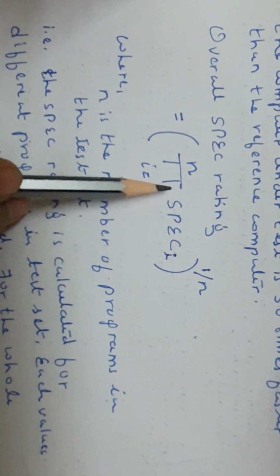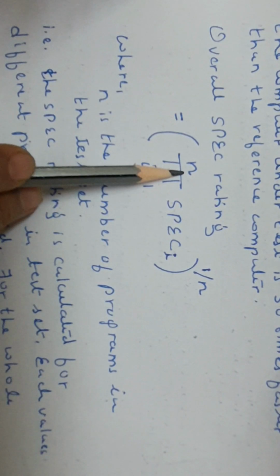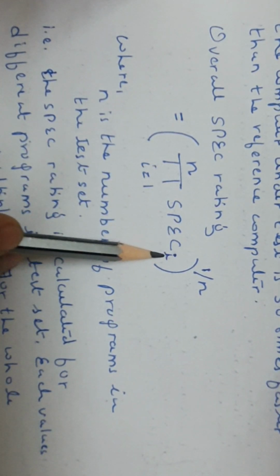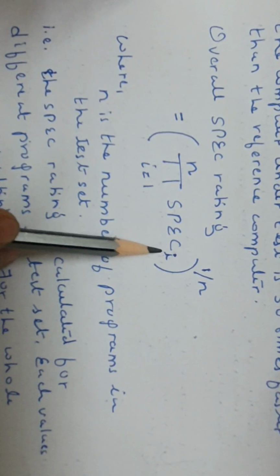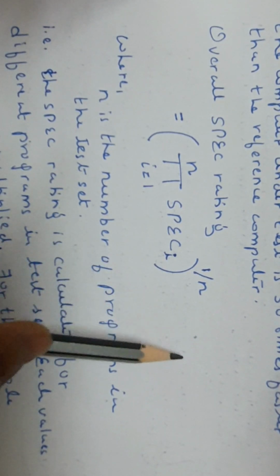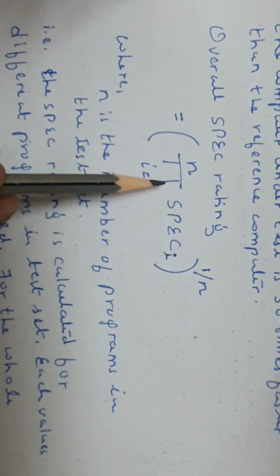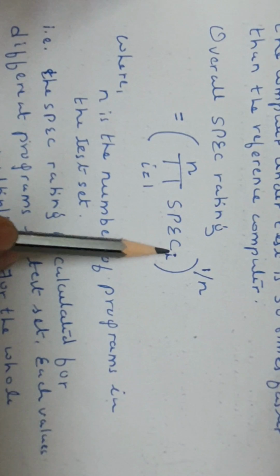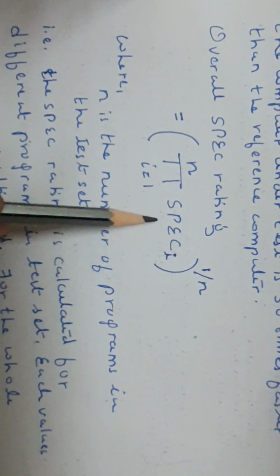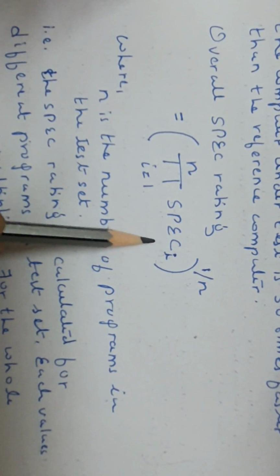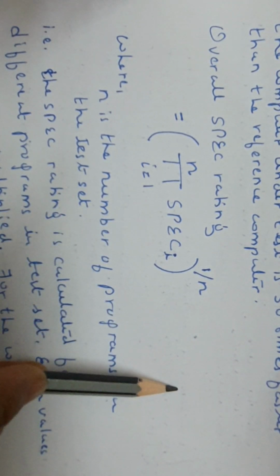So what is the meaning? If there are 10 programs in the benchmark program set, SPEC 1 means the first program is taken, it is run on the reference computer, then on the computer under test, and that ratio is SPEC 1. That value is noted. Then the second program is taken, run on the reference computer and the time noted, then run on the computer under test and the time noted, and the ratio of the two gives the second value.